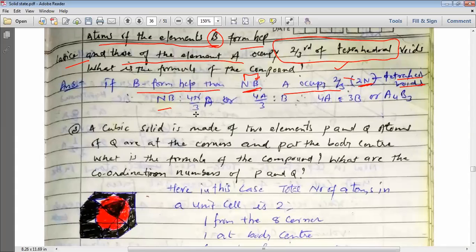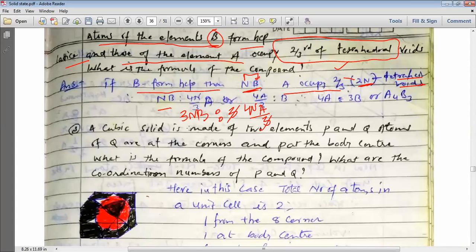If we multiply both of them with 3, what will we get? 3nB is to 3 into 4nA divided by 3.